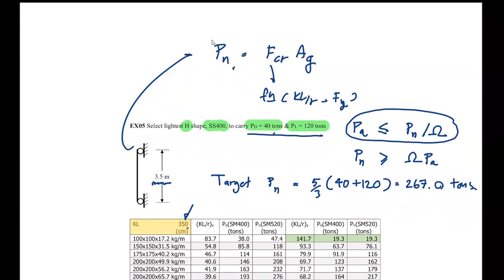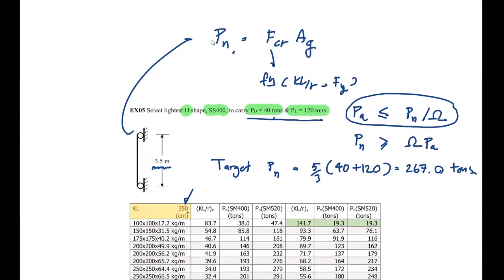Now that is your unbraced length, KL, because KL over Rx and Ry are equal. So we come here to the table with KL equal to 350. This table will provide you with both KL over Rx and KL over Ry of each member. And then you have the load for SM, still SM or SS400 and SM520, depending on which one you are going to use.